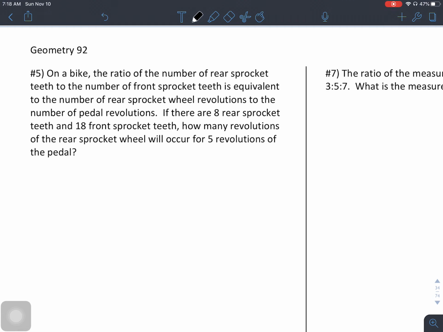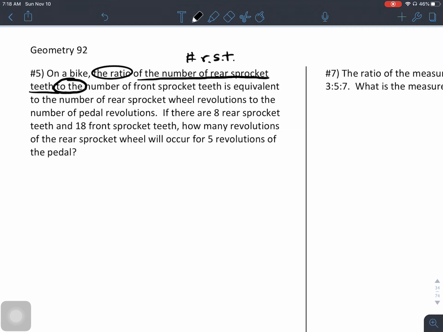Word problems can be intimidating, but if you look for clues in the problem, it tells you exactly what to do. On a bike, the ratio. Now when it says the ratio, it's going to give you a ratio. The ratio of the number of rear sprocket teeth, which we're going to call number of rear sprocket teeth for short, to the.